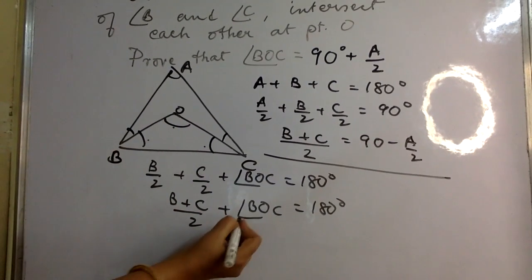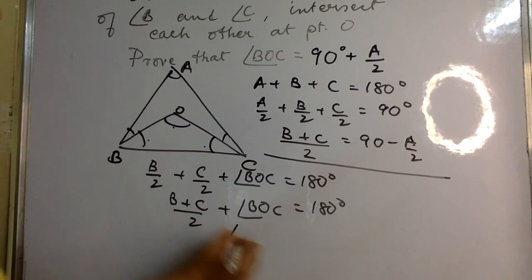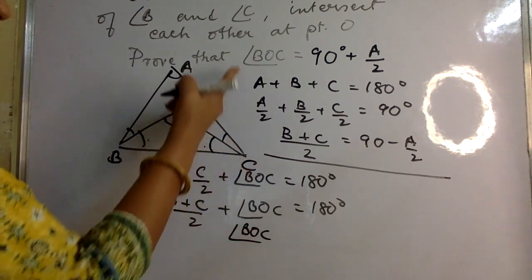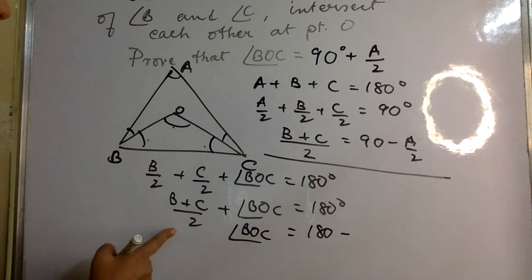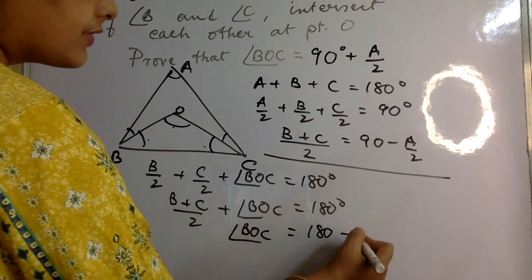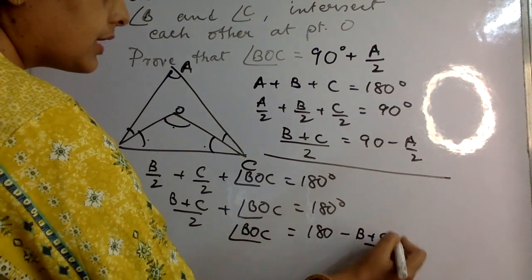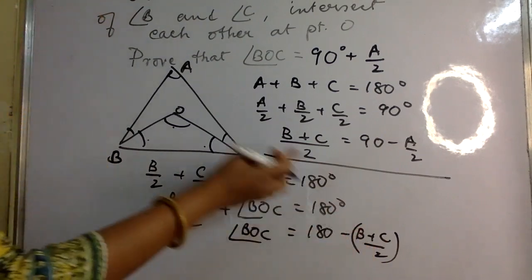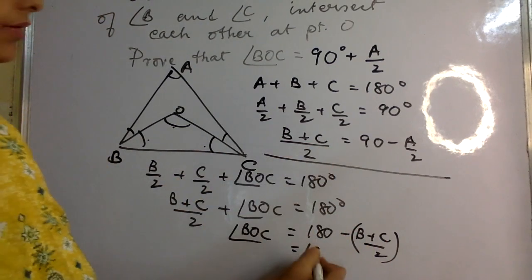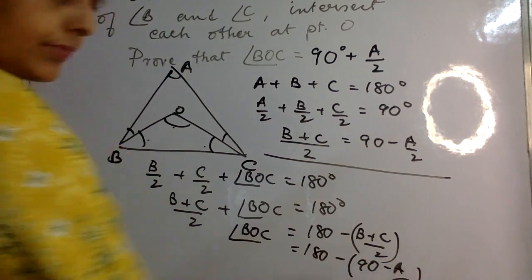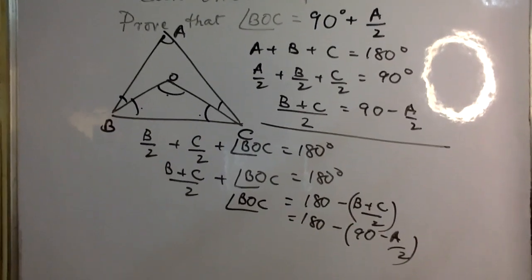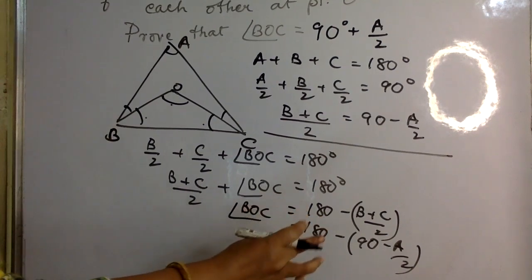Now here angle BOC, I am slowly coming there, is 180 minus B plus C by 2. Now I have the material to substitute for this. So I will write 180 minus, in brackets, 90 minus A by 2.